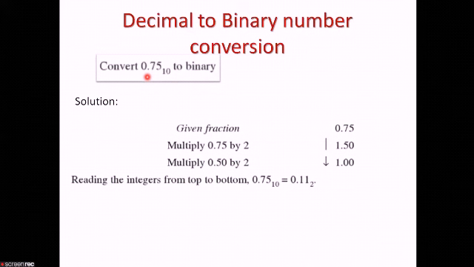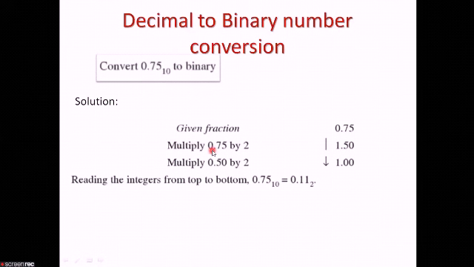What is the procedure? Multiply the given fraction by 2, keep the integer in the product as it is, and multiply the new fraction in the product by 2. Continue this process and read the integers in the products from top to bottom. Now we have the number 0.75.